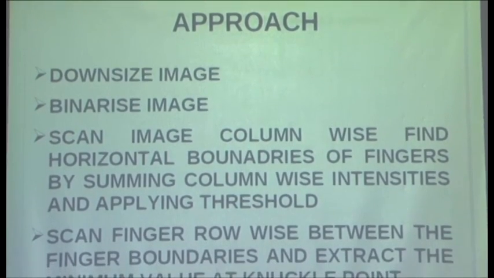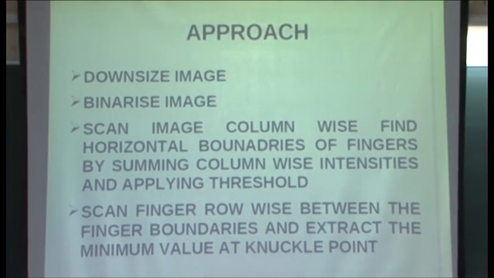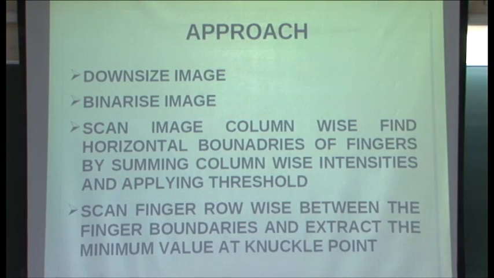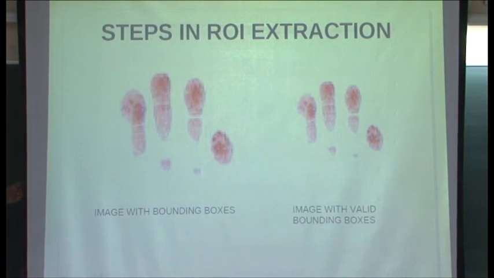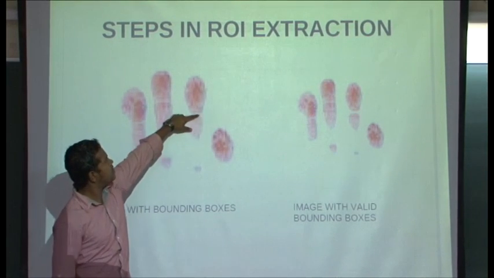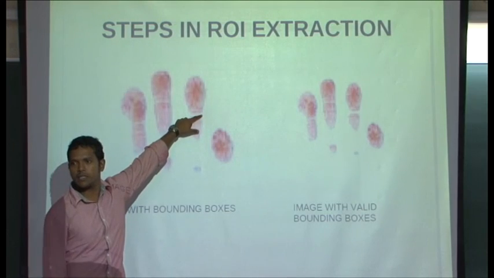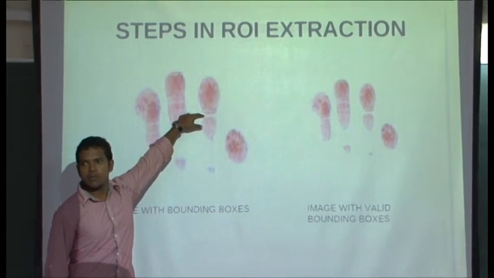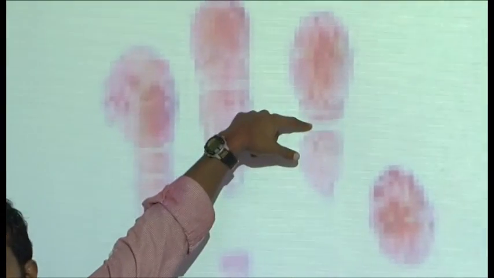My approach is also initially similar, downsize it. But what is the problem with the previous method? In the previous method there was some overlapping, the exact line was not found. That was the only problem Aditya told. Let me tell you the problems you face with this method.